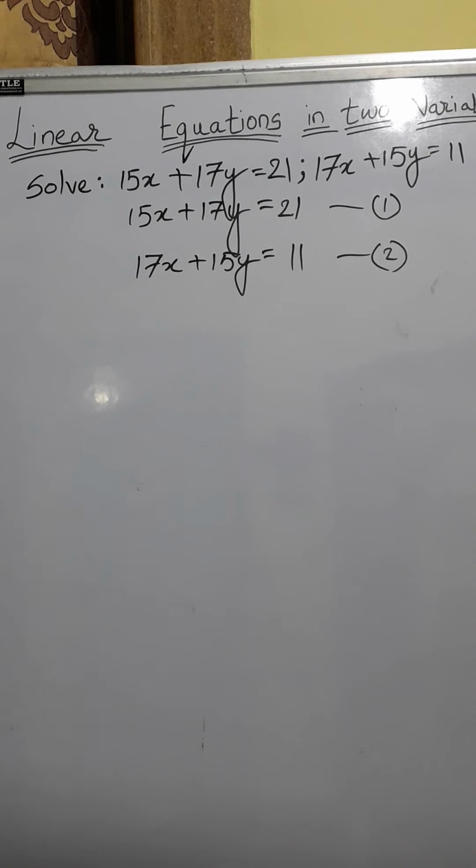Then in the next step we have to subtract such equations, and again we will get one more equation. Then, by adding and subtracting these two equations, we will get another two equations that have to be solved simultaneously. Then at the end we will get the solution set of the equations.